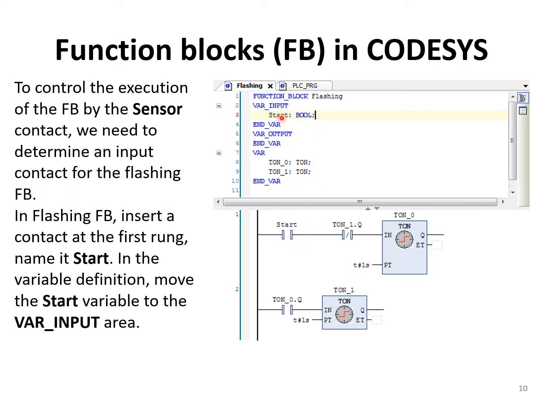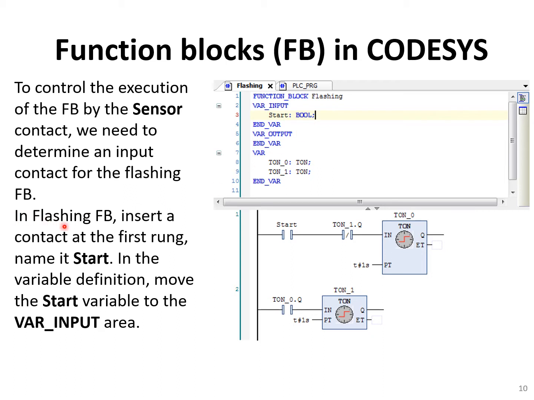So here we have a start. We insert one Boolean contact, start, here, and we declare this start in the VAR_INPUT. It will be created automatically in the VAR section, but you need to move it to the VAR_INPUT section.